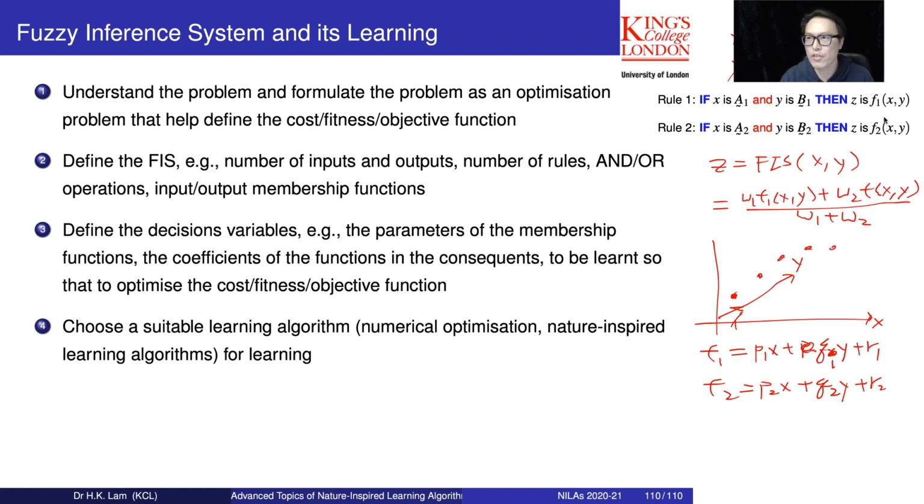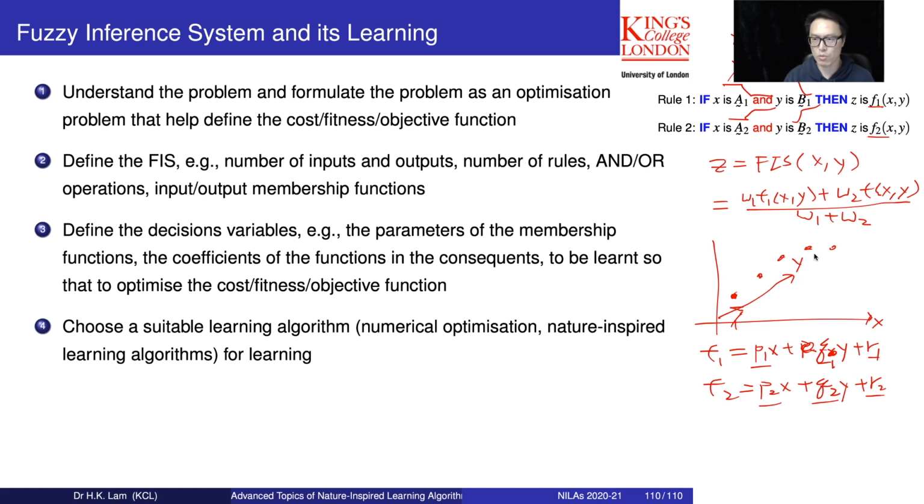So f1 and f2, that is these 2. I just define that as a polynomial function. And now if we define the membership functions, say this is like this, and this is like that. So W1 is defined, and then we choose P1, P2, Q1, Q2, R1, R2 to be unknown.